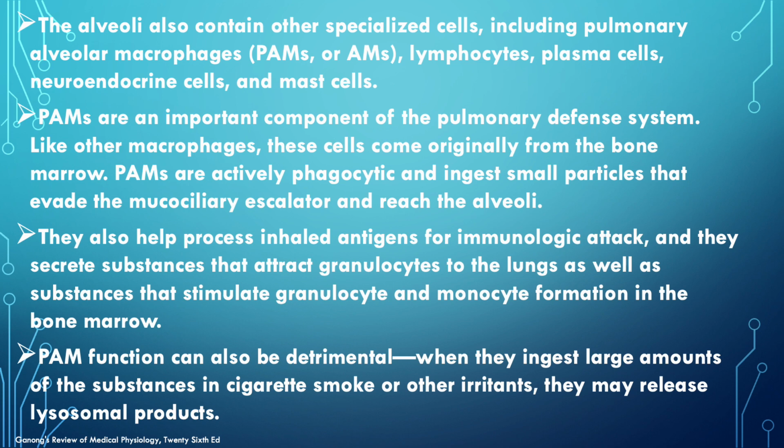If there is another immunologic attack, they secrete substances that attract granulocytes to the lungs, as well as substances that stimulate granulocyte and monocyte formation in the bone marrow. And PAM function can also be detrimental when they ingest large amounts of substances in cigarette smoke or other irritants. They may release lysosomal products.